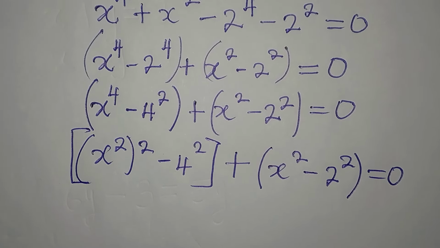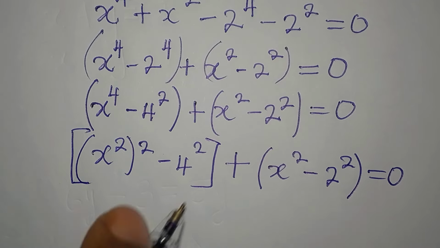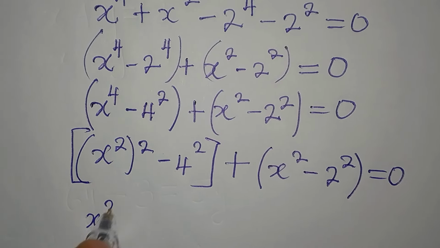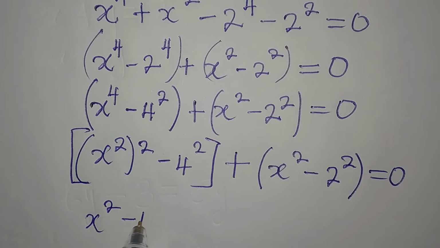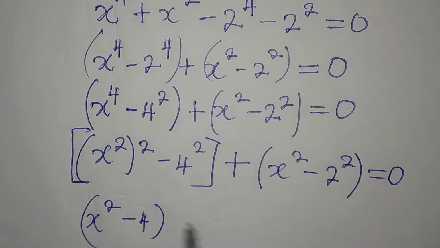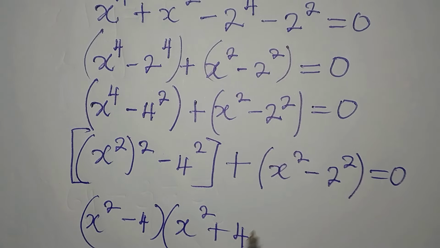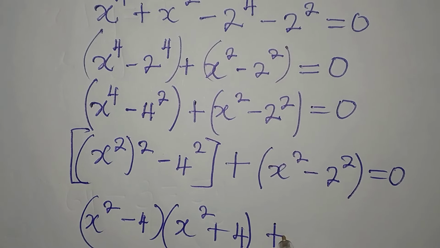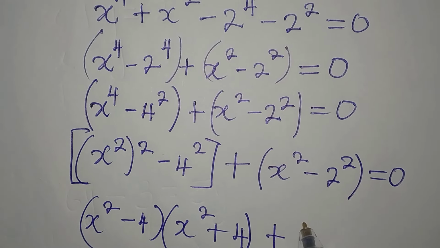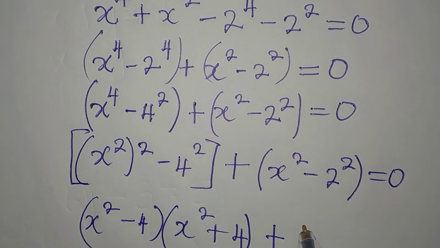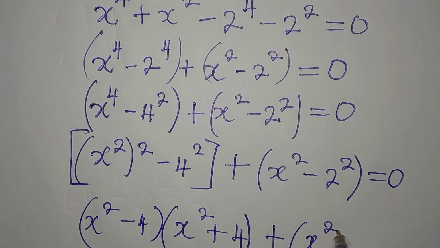So that from here we can now use difference of two squares to deal with this, as we now have x squared minus 4 into x squared plus 4, then plus here again we are going to have x squared minus 4.